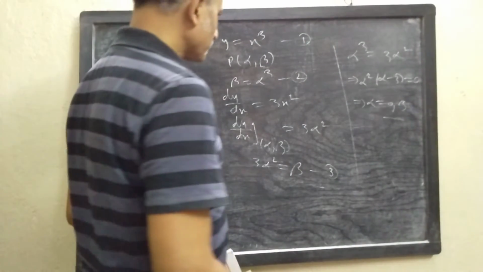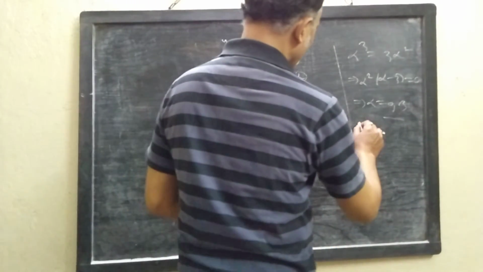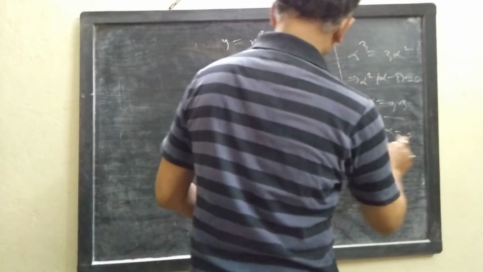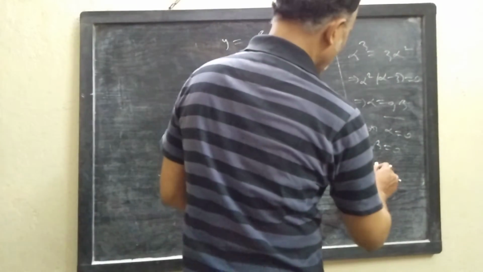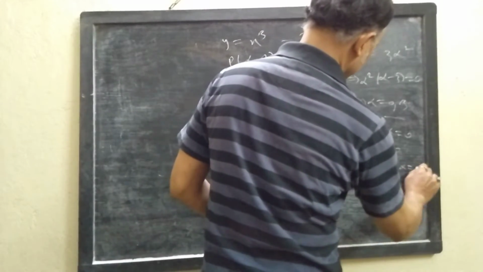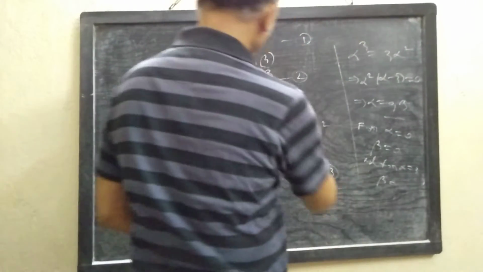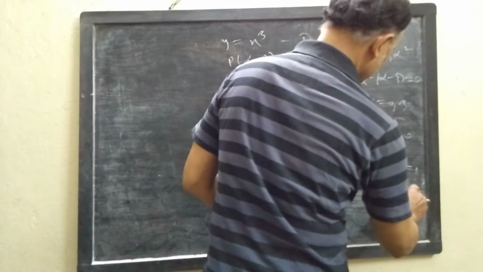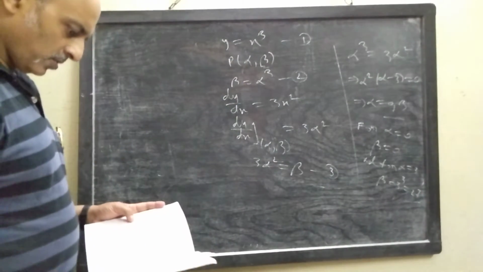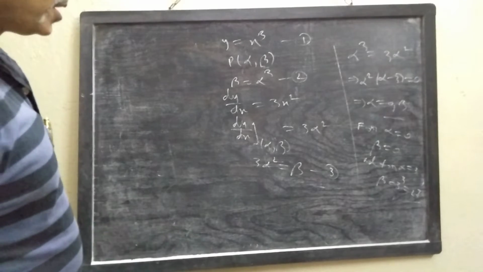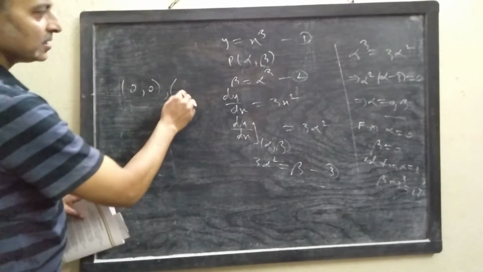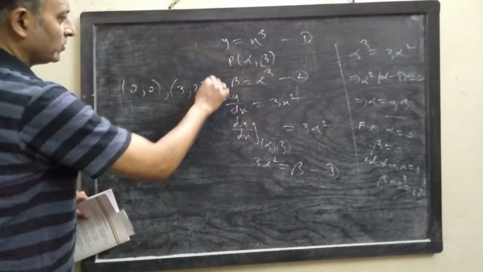Now for alpha equals 0, you get beta equals 0, and for alpha equals to 3, you get beta equals to 3 cube, that is 27. So the required points on the curve are, one is 0 0 and another is 3 27.